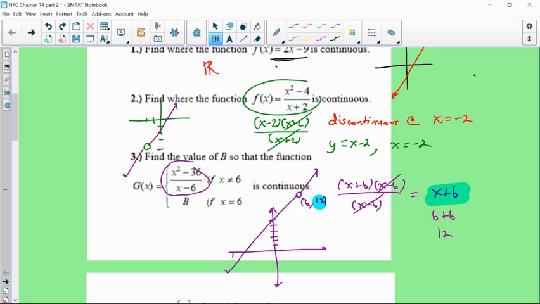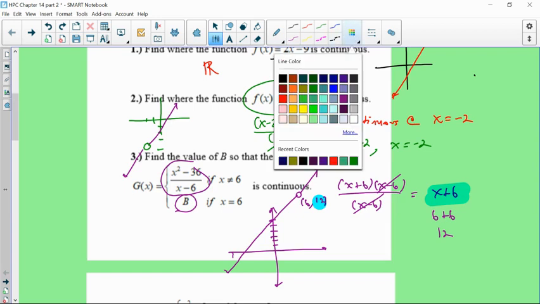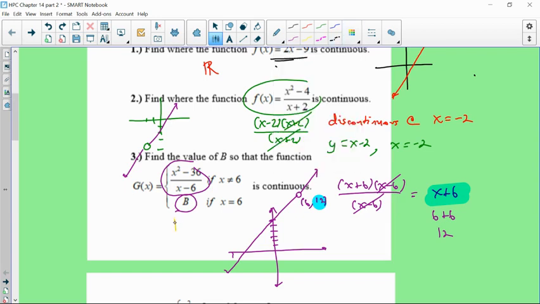So graphically, I know that y value is 12. Well, that's exactly what I want to assign B, because I can pick one point. If I can pick any point to fill that hole, obviously I want to pick the y coordinate. So choose B to be 12. And if I choose that value to be 12 when x is 6, that would fill that hole.